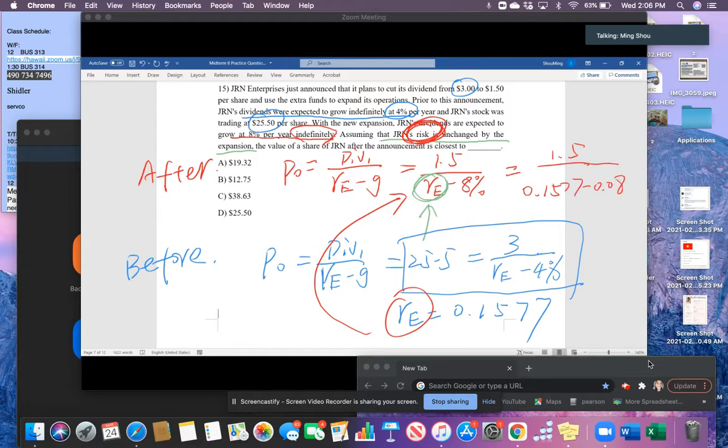Simply solve this one, and you can figure out what is the stock price after the announcement. Actually, after the announcement, it will equal $19.32, okay? So the correct answer is A. The correct answer is A. Any question?